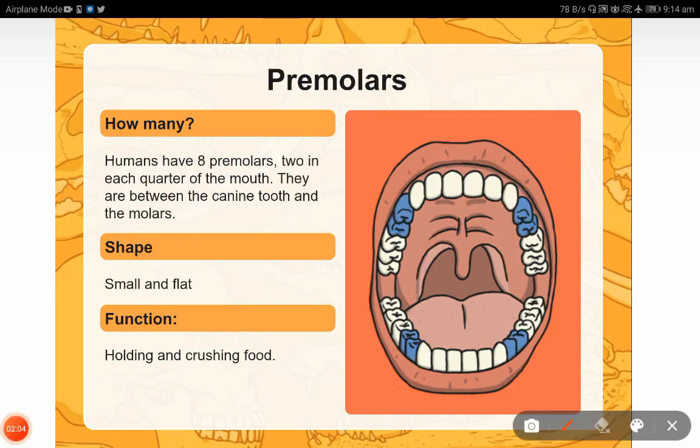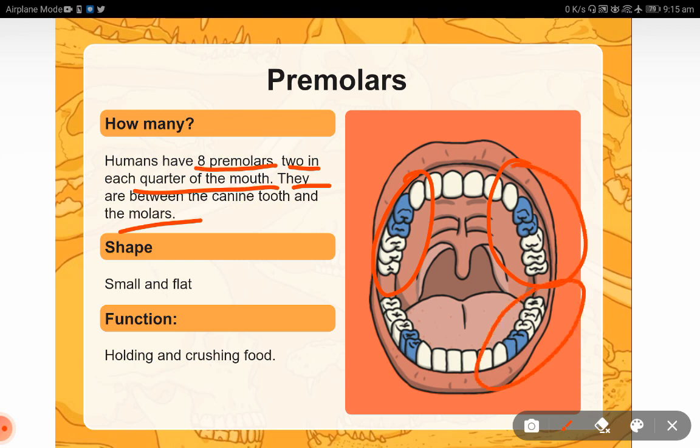Next is premolars. Humans have 8 premolars, 2 in each quarter of the mouth. They are between the canines and molars. This is the first quarter of the mouth, this is the second, this is the third, and this is the fourth. As you can see, there are 2 in each quarter, and they are between canines and molars.